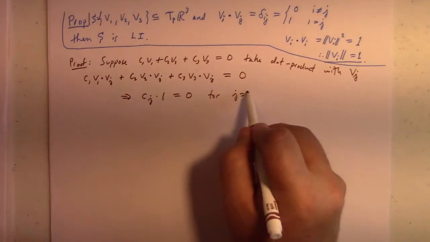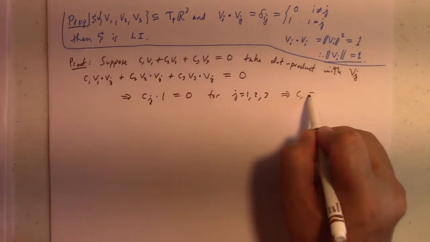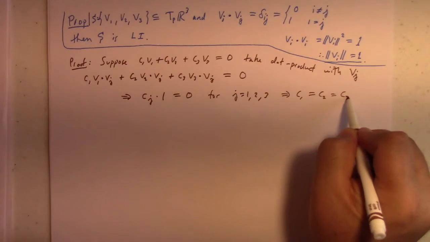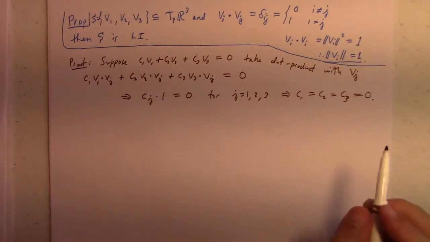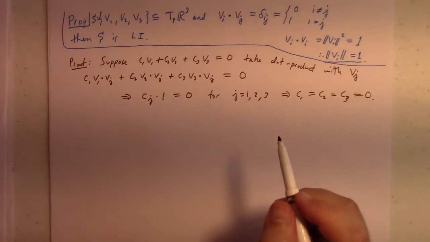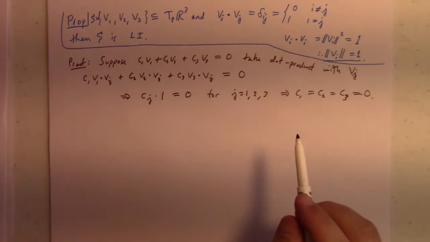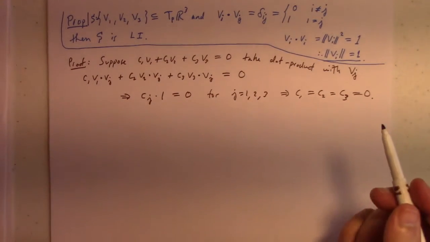For j equals 1, 2, and 3. But hey, that tells me that C1 equals C2 equals C3 is equal to 0. So that's linear independence, hence S is actually a basis.